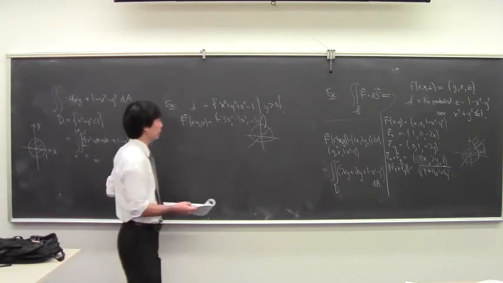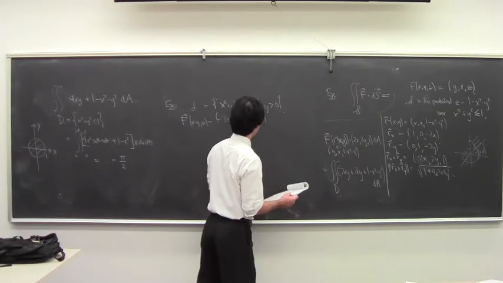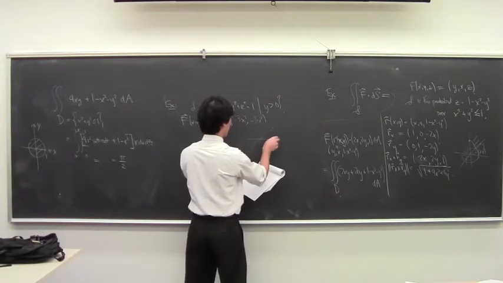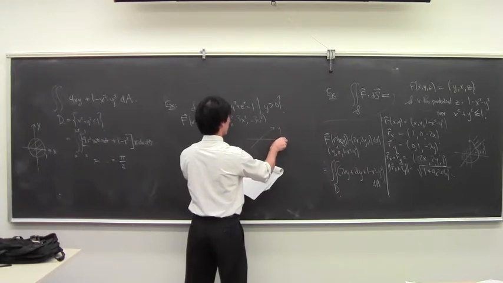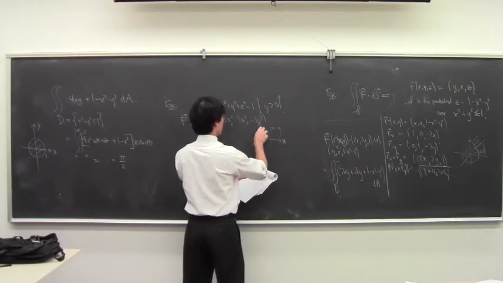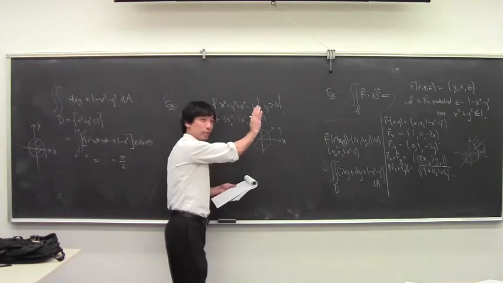Oops, the picture is wrong, sorry. That would be with z bigger than 0. I actually want y bigger than 0. So we're taking the other half of the sphere.